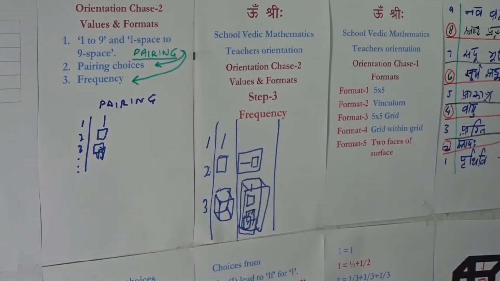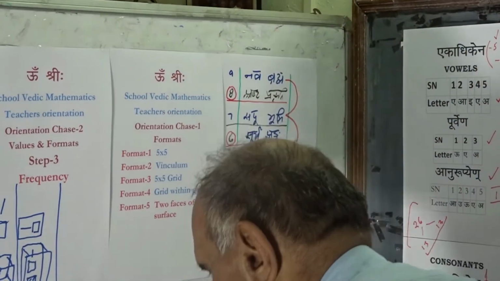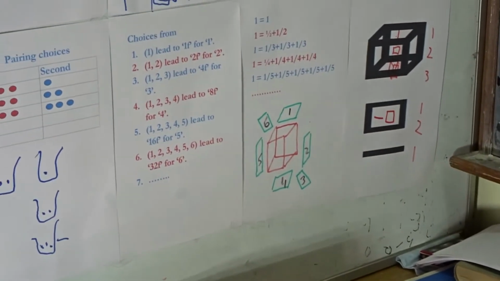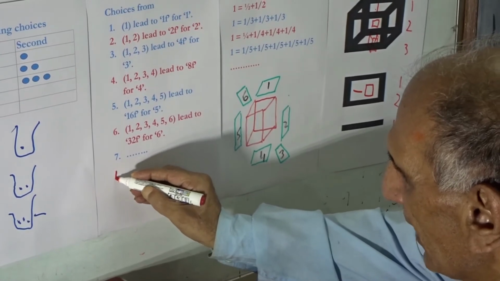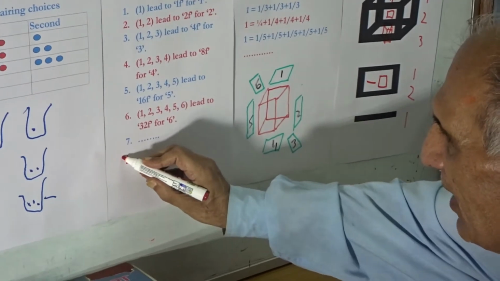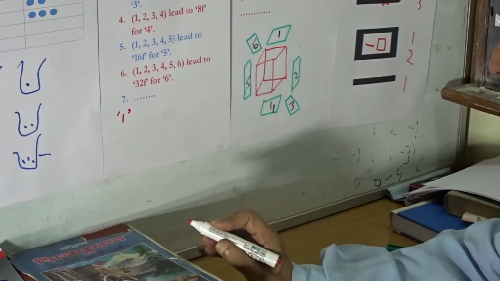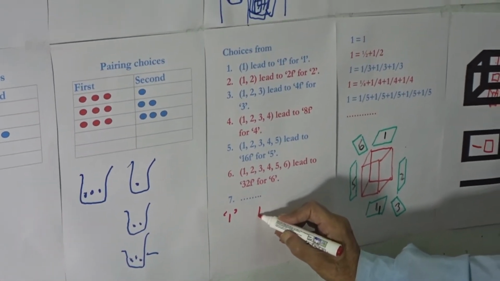For it, let us first concentrate on sets where there is a single value 1. In the single value 1, if we want to make choices and reach value 1, it can be reached in only one way.